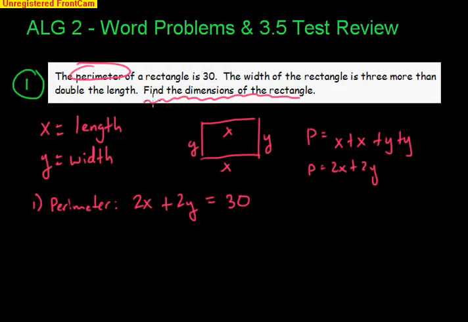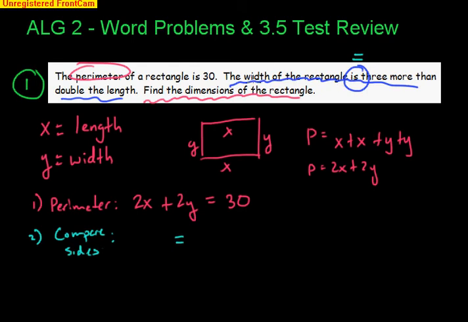The other equation comes from this second sentence. Comparing the length and width. Compare your sides. What it says is the width of the rectangle is 3 more than double the length. We need to remember that is means equals. So I'll put my equal sign right here.